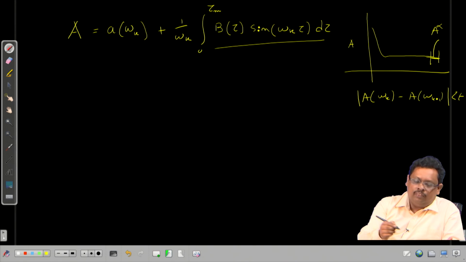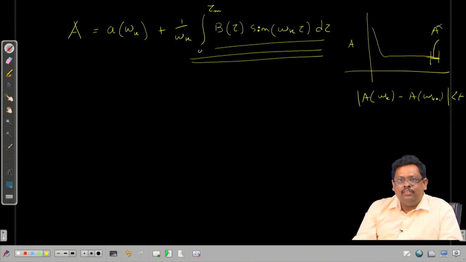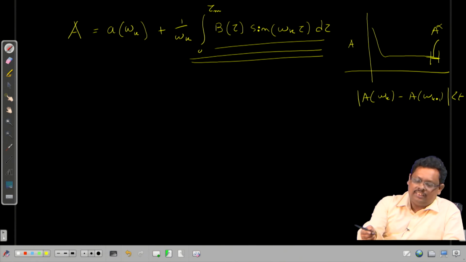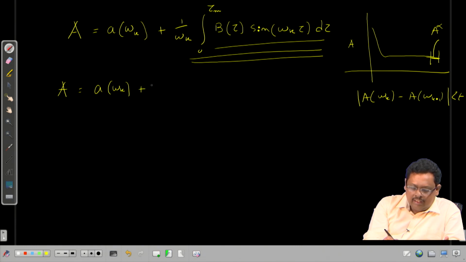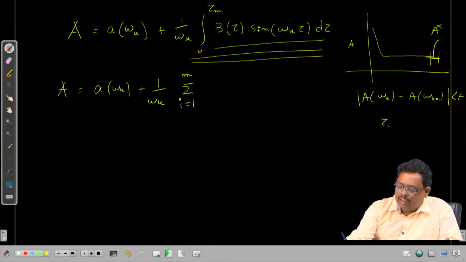Now, the whole exercise remains how I can model this integration. I also know how to do this, because just now I did a similar thing for b(tau). I can write this integration as A(omega k) plus 1 by omega k, and then the summation i equal to 1 to m, because I said that my tau m equals m into some delta tau.